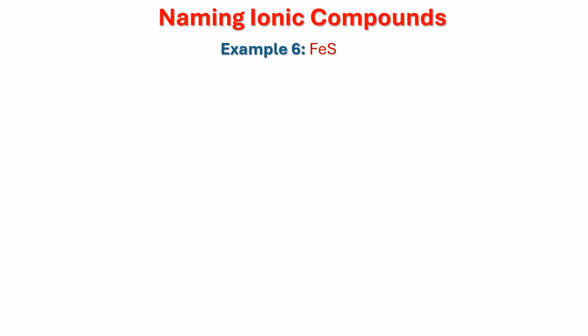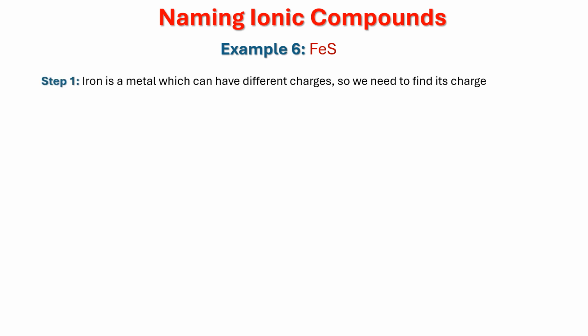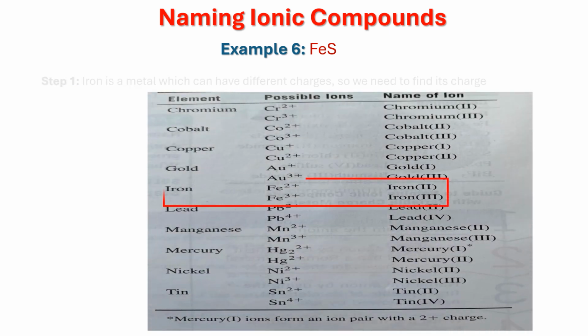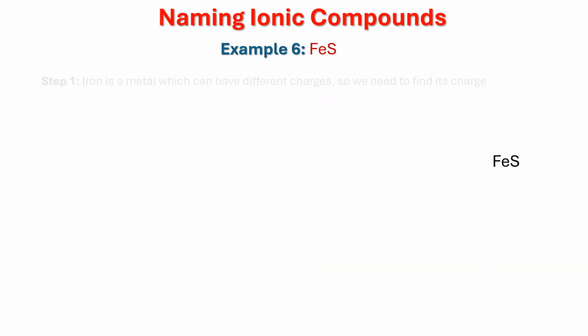Example 6, FeS. Iron is a metal which can have more than one charge, so we need to look it up. So iron can have a positive 2 charge or a positive 3 charge. So let's do the same thing we did in the previous example. We do not know the charge of iron, so that is the unknown. We call it X. And sulfur is in group 6A, right?